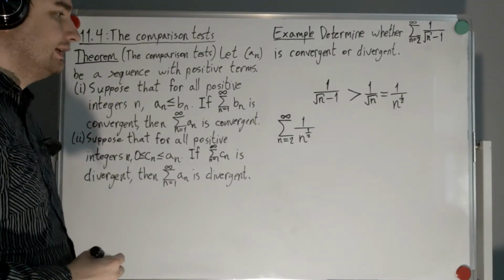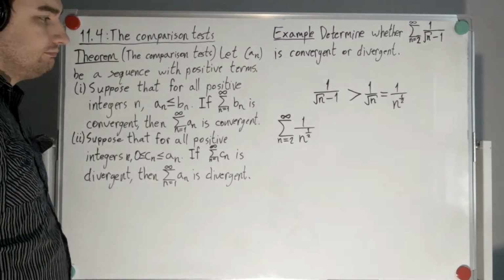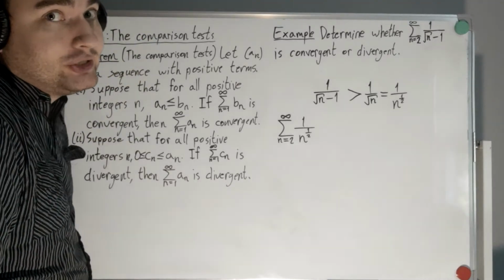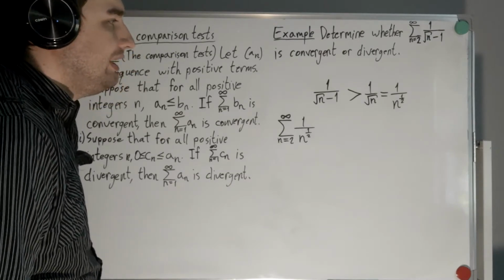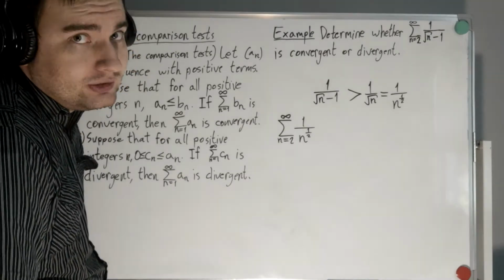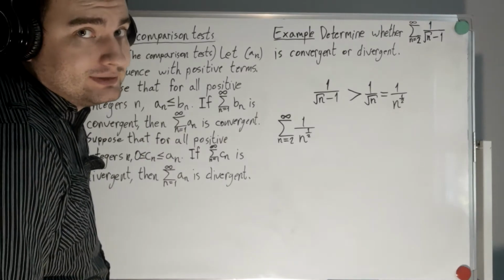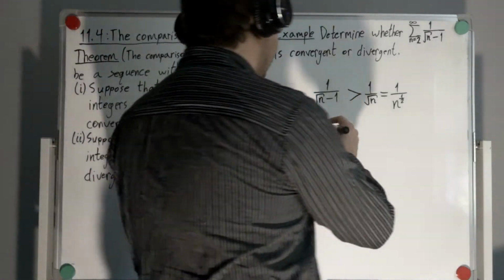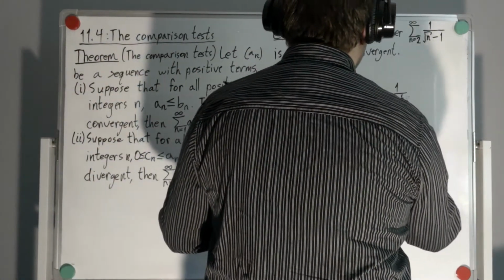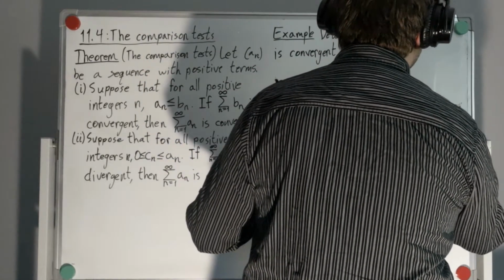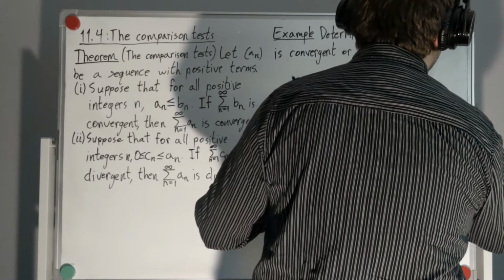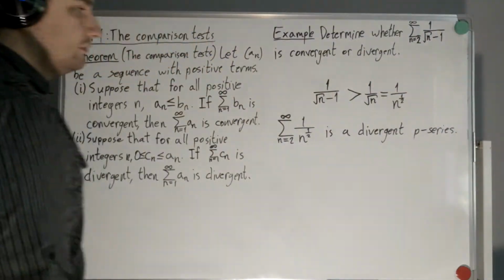Okay. And 1/2, I'm pretty sure that's not greater than 1. So according to the P-series test, which we discussed in the last lecture, this is divergent. Okay, so this is a divergent P-series.